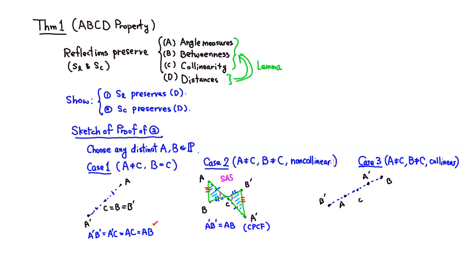Let's find it. We have A prime B prime. It's kind of hard to see, but we're talking about this length.